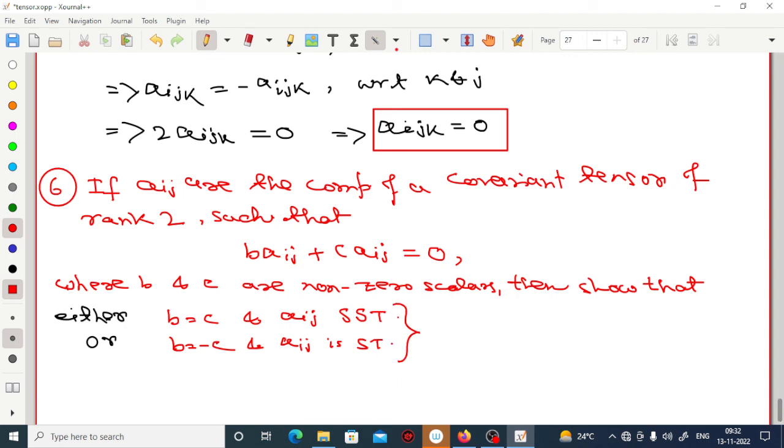Either B equal to C then Aij is skew symmetric, or B equal to minus C and then Aij is symmetric. Think over it, please. Then I will start solving, because I need to also check it.